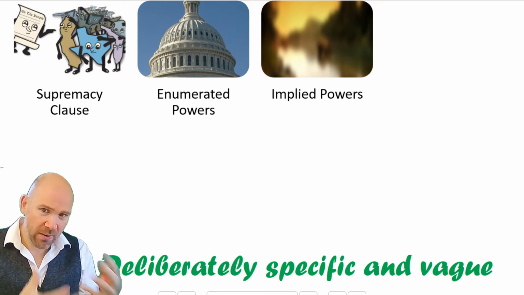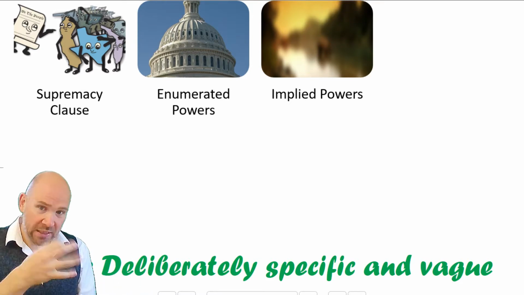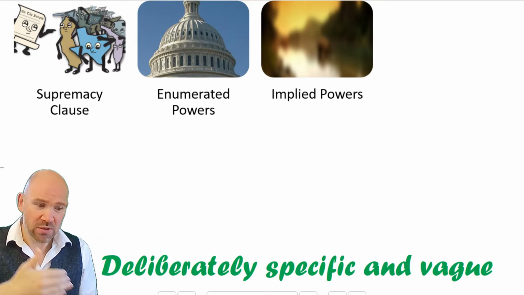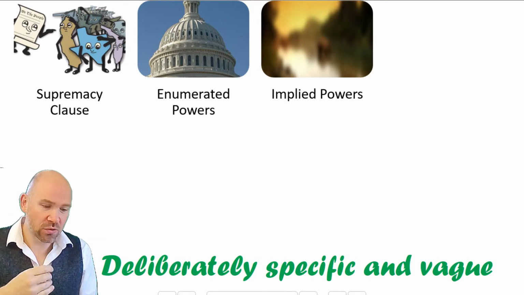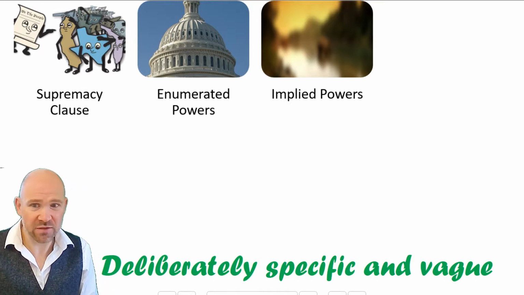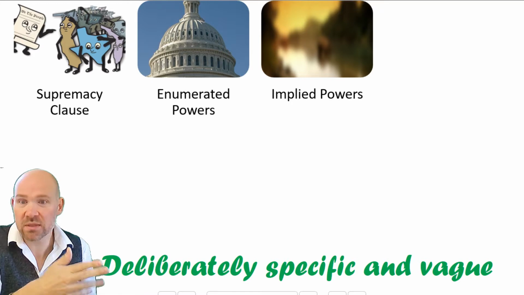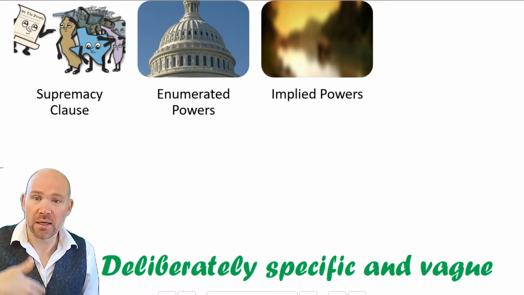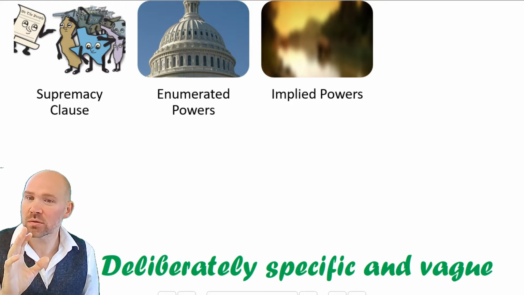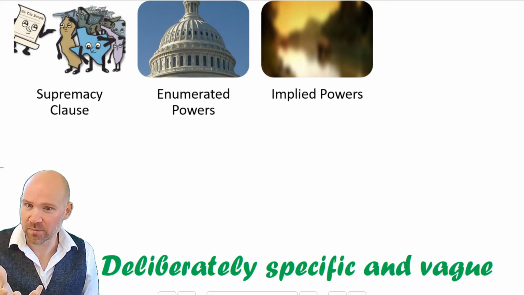So those powers aren't explicit, enumerated powers, they are implied. Although there are things that the Constitution doesn't say the federal government can do, realistically the federal government has to do them, otherwise they wouldn't be able to do the enumerated powers.